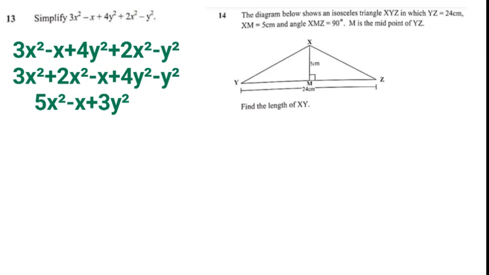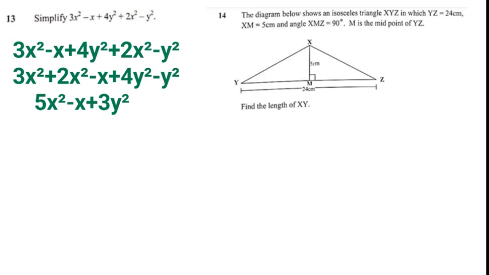M is the middle point of YZ. Okay, so you can look at that. So we are told that M is the middle point of YZ. So the question is, find the length of XY.